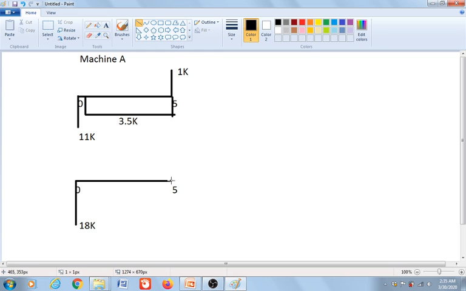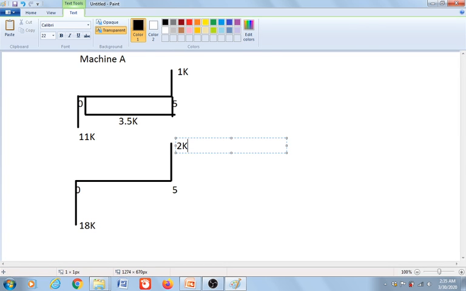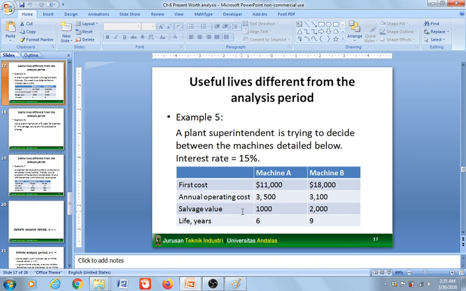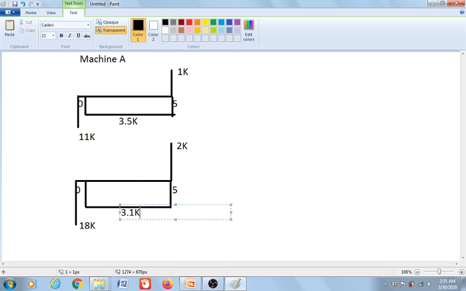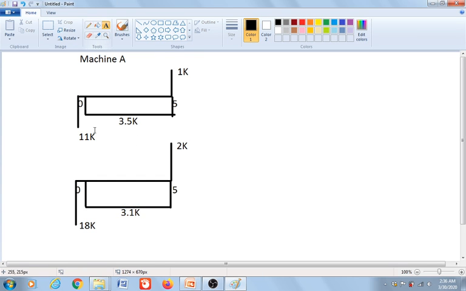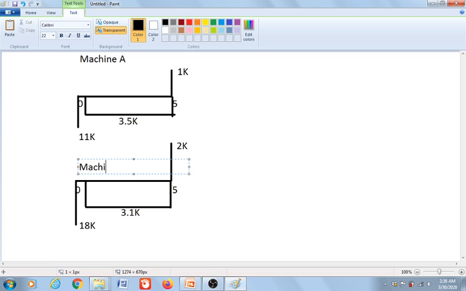And the operating cost is 3.1k. And this is for machine B.